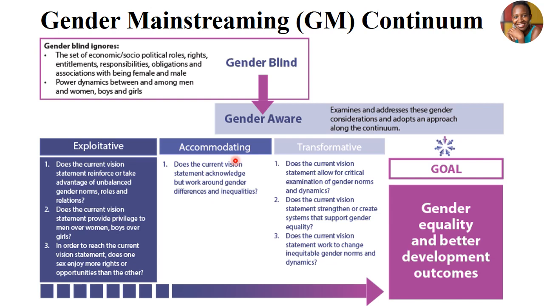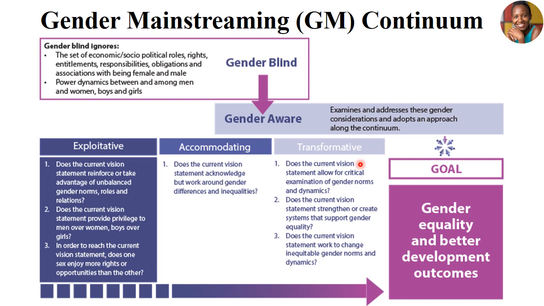And the last bit is on gender transformative. In gender transformative, we apply a more critical examination of the norms and dynamics in that particular society or community. And so we work on strengthening systems that are going to support gender equality. We do not accommodate, we do not exploit. What we do is come up with more critical approaches that can create systems that support gender equality.